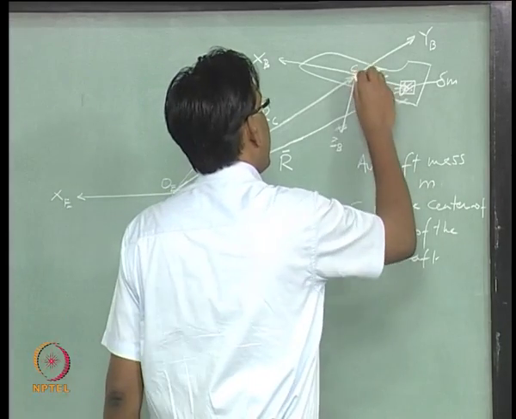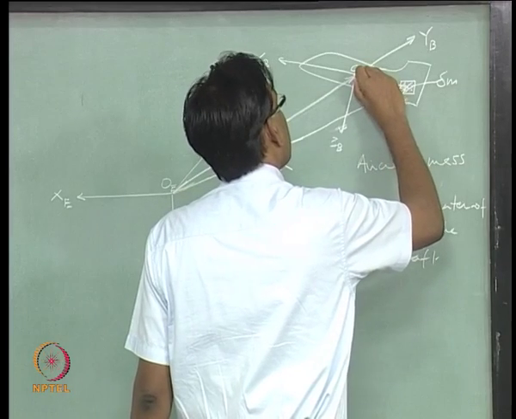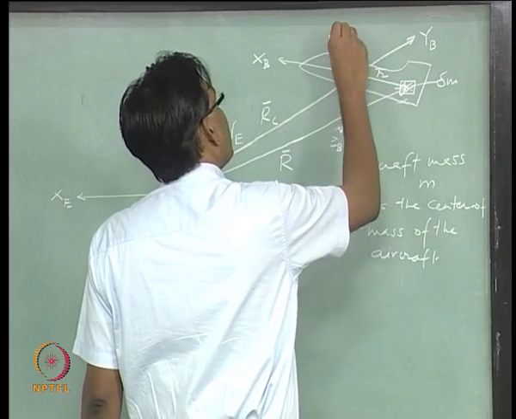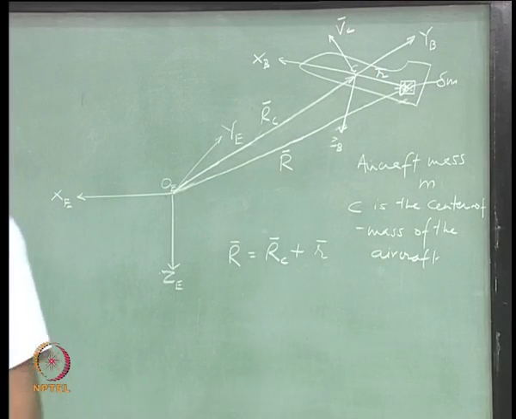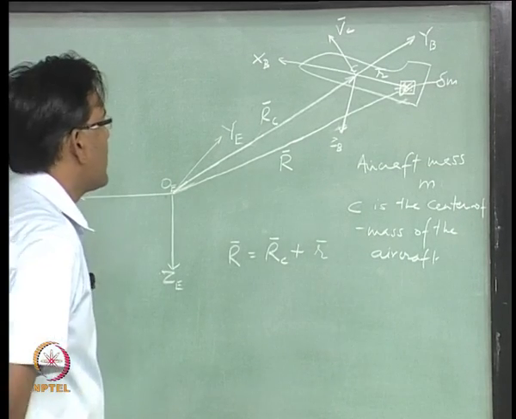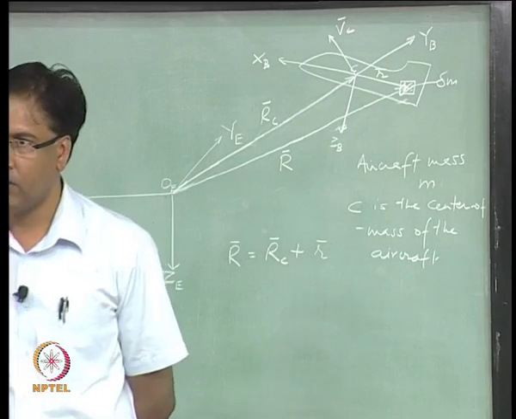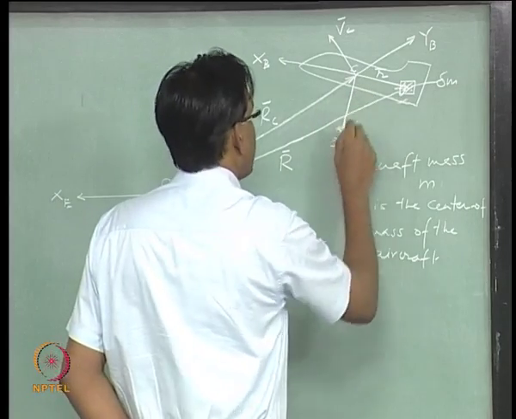So, and we will also assume that the aircraft is rotating. Okay. So, it has an angular velocity which is denoted by this.